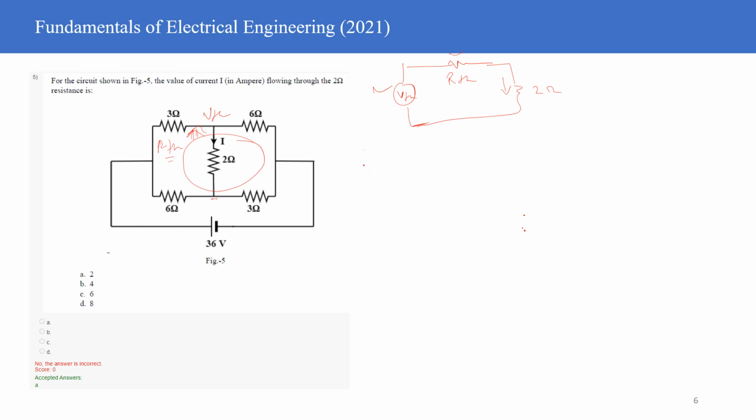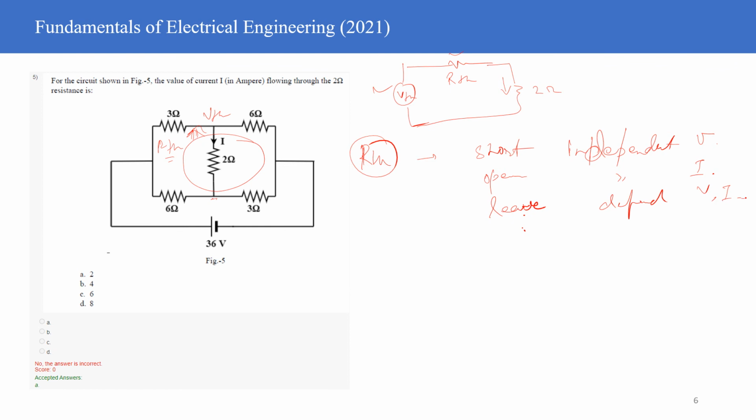For determination of RTH, short independent voltage sources, open independent current sources, and leave dependent voltage and current sources in the circuit, right? This is what you need to do.